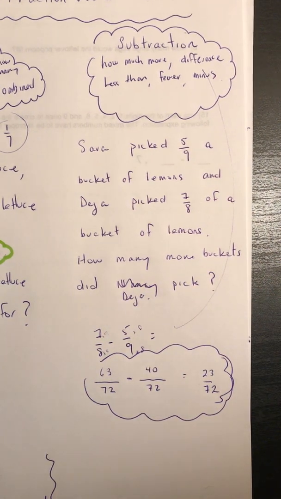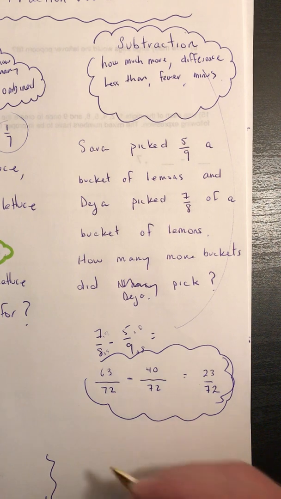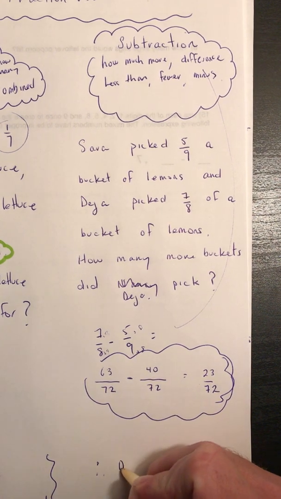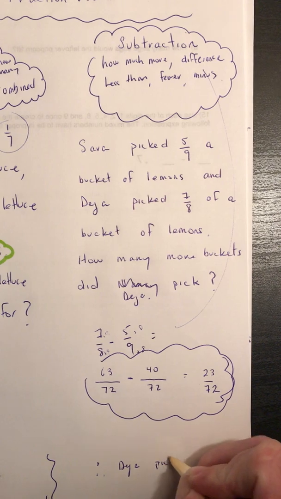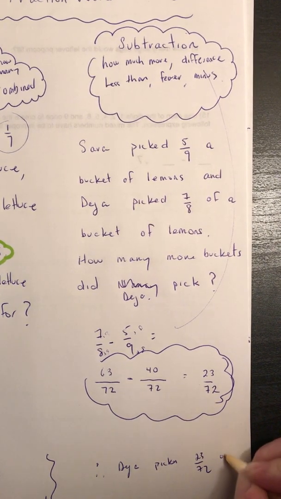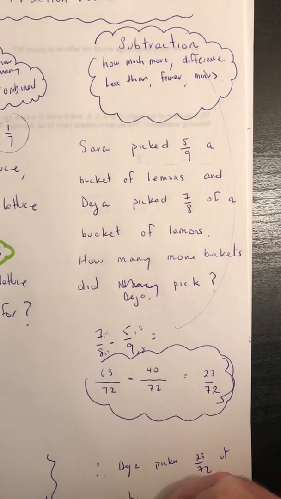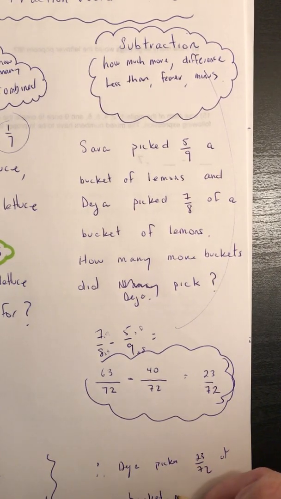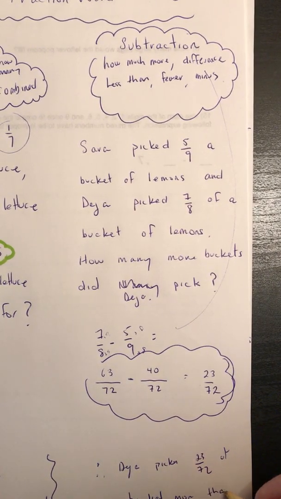So we go back to the question. How many more buckets did Deja pick? So therefore, Deja picked 23/72 of a bucket more than Sarah. Okay?